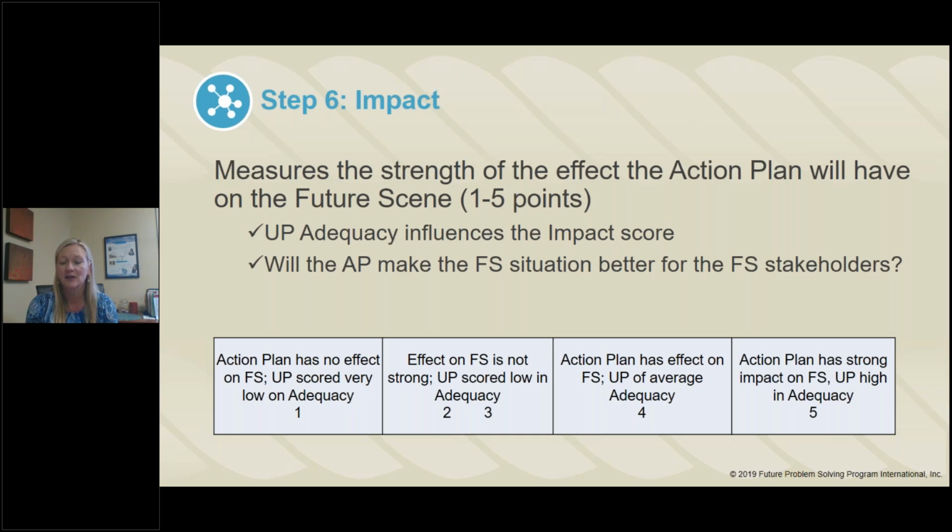If they had a 9 or a 10 in adequacy in step 2, that would result in 5 points here, on the impact part. That is correct. That was a good question. That's the first time we've done this in the booklet evaluation so far, looking back at how another step was scored. So that was a good question to ask.